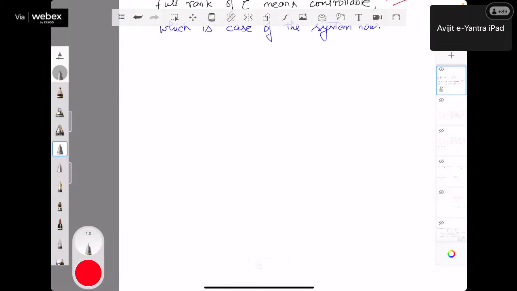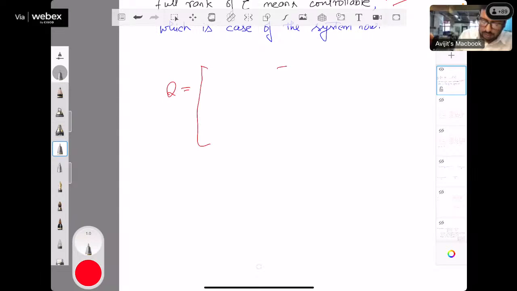Q matrix is actually a diagonal matrix where Q1, Q2, Q3, Q4 in our case.